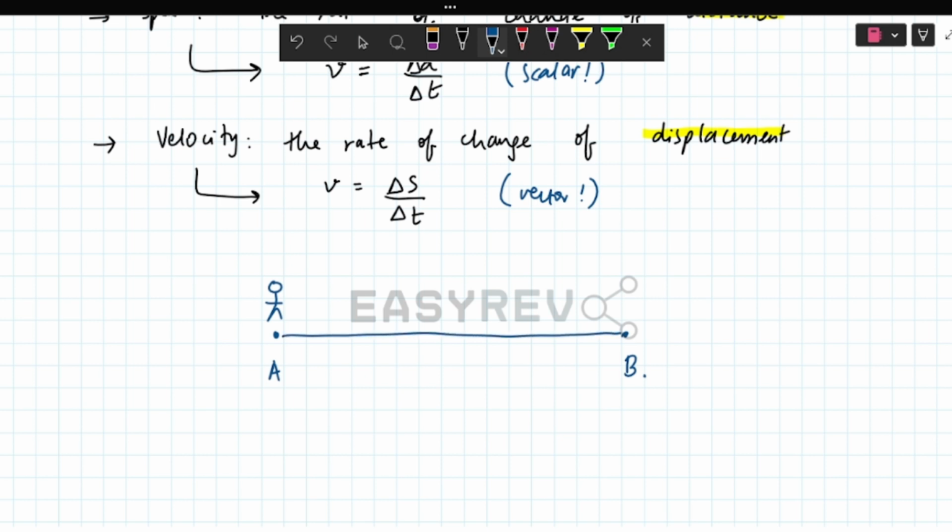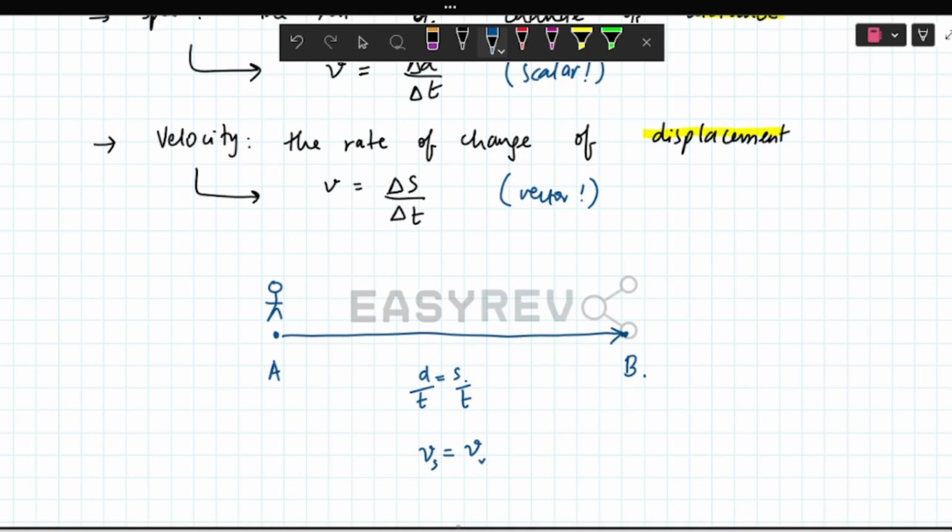In that scenario, notice how distance and displacement just so happen to be the same thing, which is why if you measure how they're changing with respect to time, they just so happen to be the same thing. In that case, what we're showing is that velocity and speed are pretty similar.